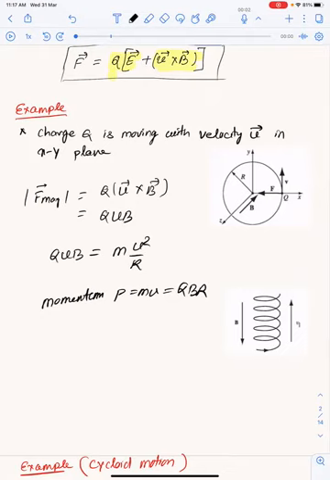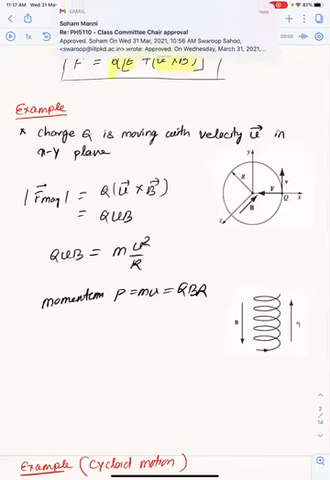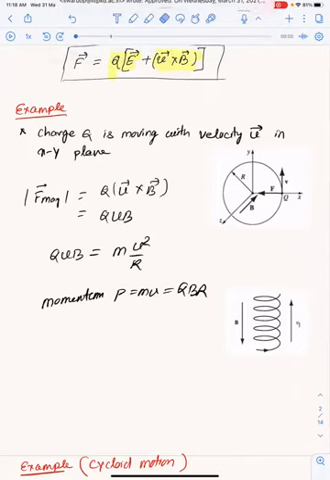Now we said that this particle is in uniform circular motion in the XY plane. Now imagine the particle also possesses a velocity component parallel to B.